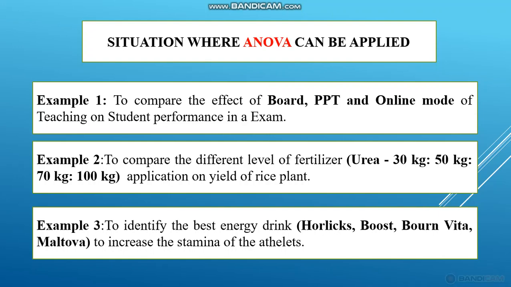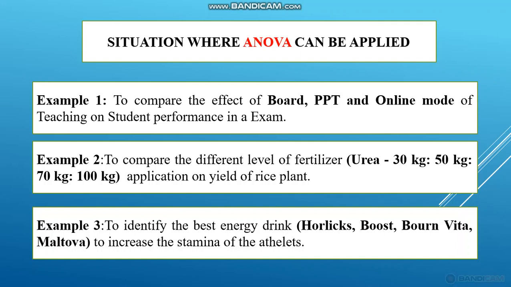Similarly, in the third example, we want to identify the best energy drink to increase the stamina of athletes. For this we are using four energy drinks: Horlicks, Boost, Bournvita, and Maltova. Among these four drinks, which is the best to increase the stamina of athletes? Here also we have four means.